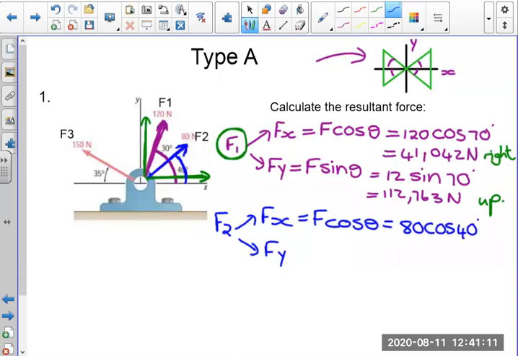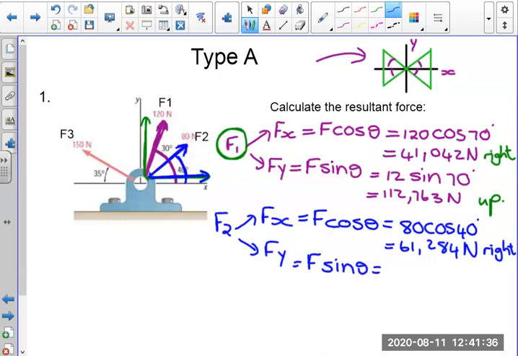Okay. And when I work that out, 80 cos 40, I got 61,284 newtons. And again, the x component is to the right, as you can see here. That's the x component, so that would be to the right. And the y component is going to be F sine theta.